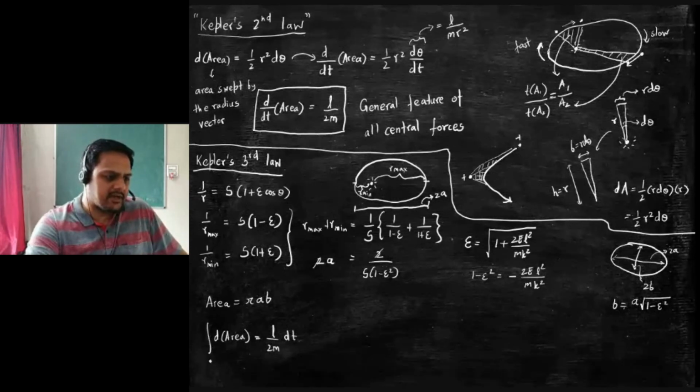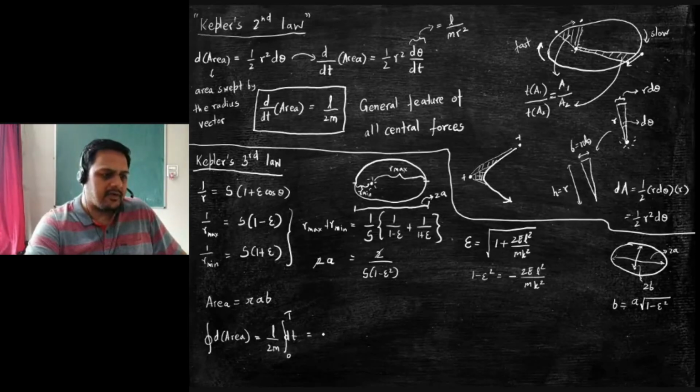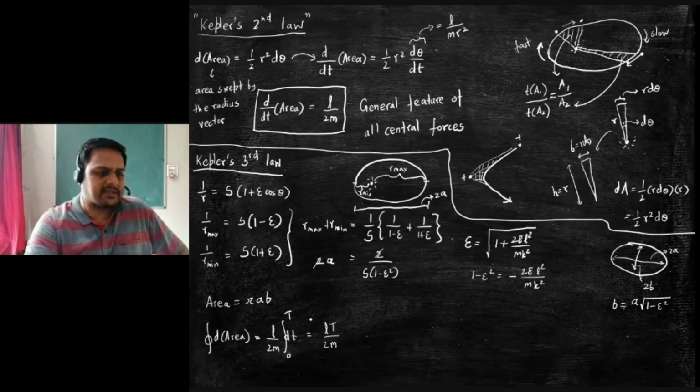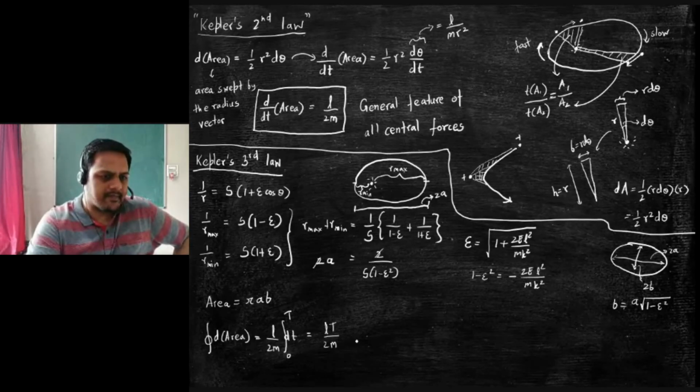Therefore, integration of the area over the entire orbit is the same as integration of this from 0 to the time period of the orbit. So, the area will be LT by 2m. So, LT by 2m is same as pi AB. Okay.